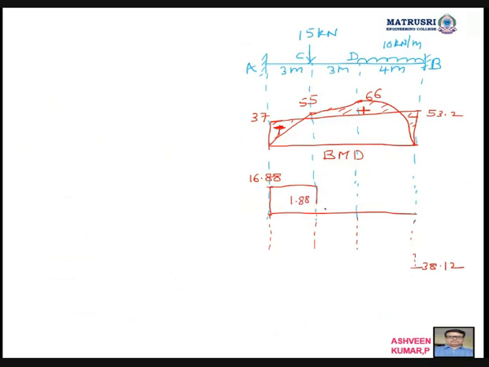Again, there is no load between C and D. Clear? So no load. Then this is 1.88, same. Here UDL is there. So whenever UDL is there, what should I do? This is linear. So this is negative, this is positive. This is your shear force diagram.